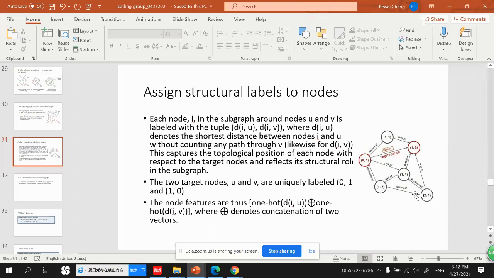I guess here they just want to add some additional features to the node, but afterwards they're going to use RGCN to take care of those different relations. Yes. So the basic idea of creating the feature of the node is to assign a feature to each node that can distinguish different nodes by capturing their structure-related information.